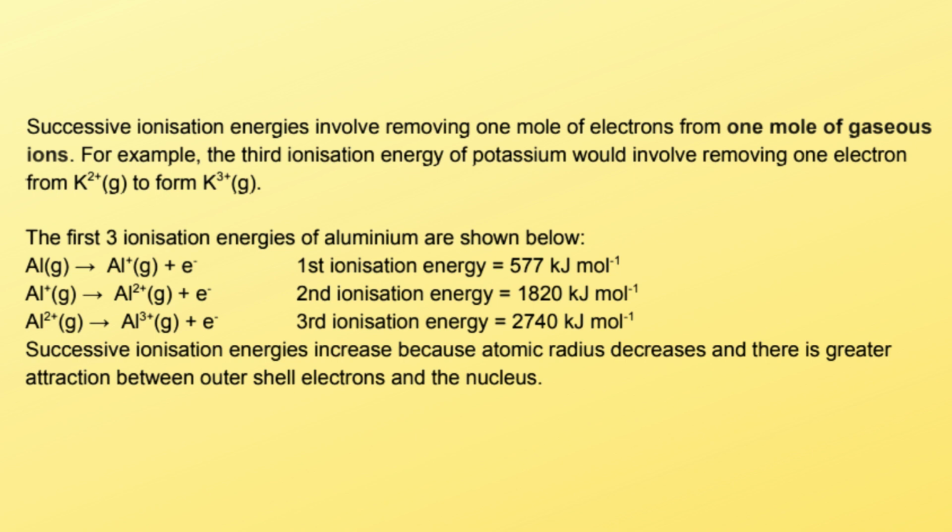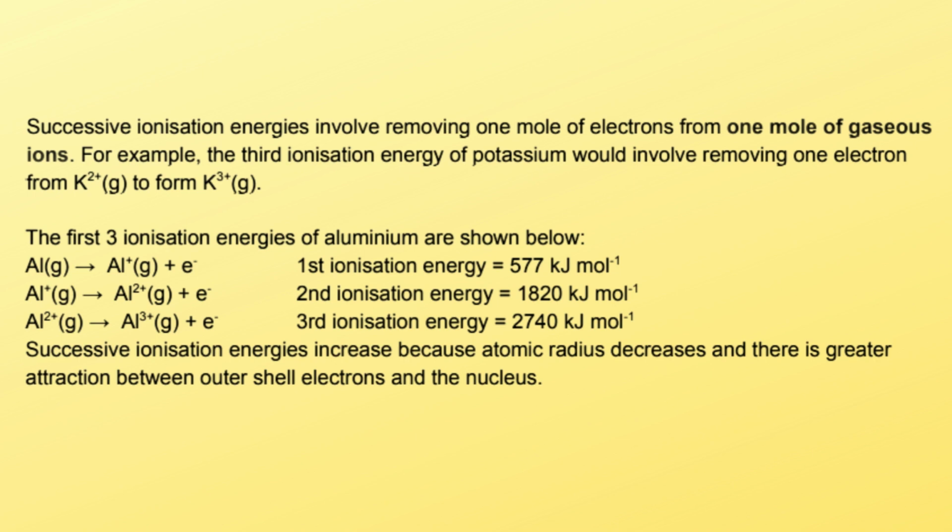From the unipositive ion, if you want to remove 1 more electron, it becomes Al2+, and you need to provide the second ionization energy, which is called a successive ionization energy, and that is much greater, 1820, because already it's in the unipositive state. From the positive species, removing an electron is very difficult. That's why more energy is required.